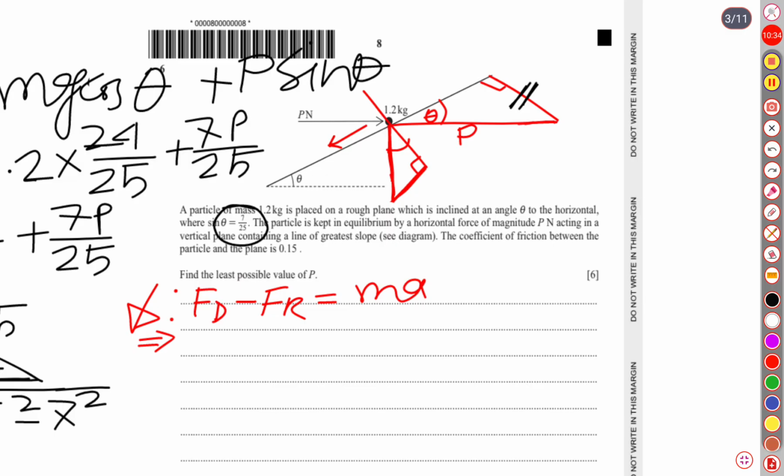Don't get confused here. Initially we have used cos theta. Now why are we using sin theta? Look at this, cos theta was used for this direction, which in terms of this triangle is the horizontal axis. Now we are calculating the weight, the direction in which the particle is sliding down.